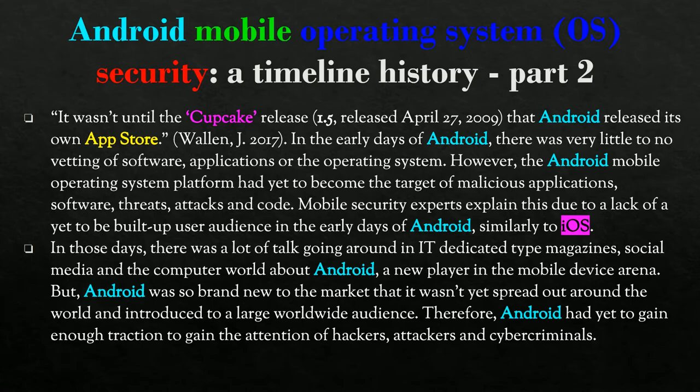There was very little support for anything, and Cupcake, which was Android 1.5, was released on April 27th of 2009, and that's when Android actually released its own app store. And so there's little to no vetting of software, of any kind of authentication or verification for applications or the operating system.